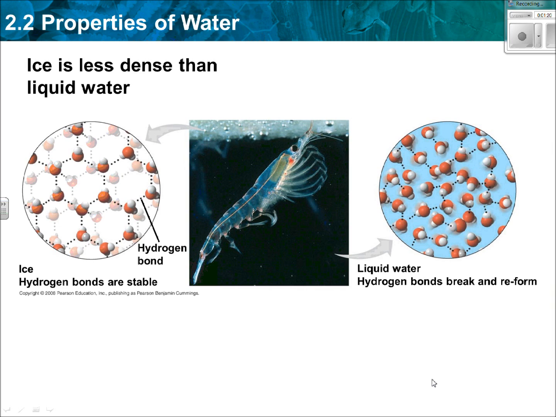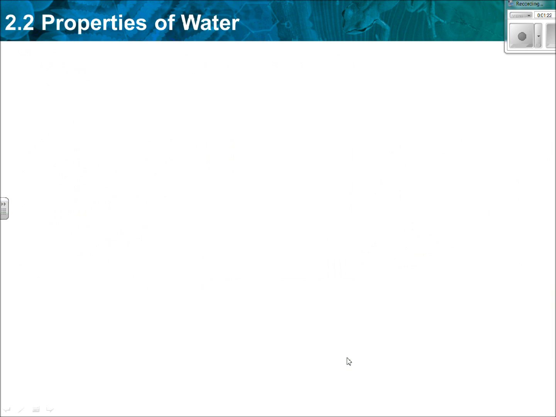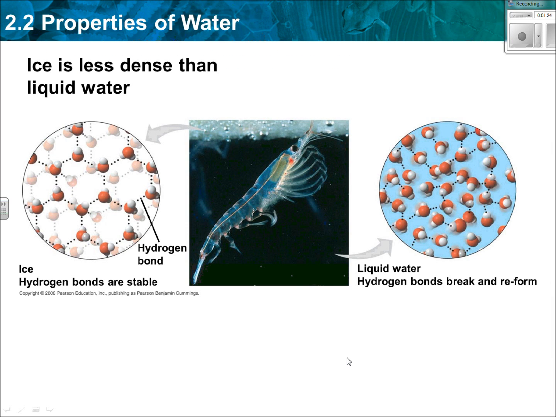Okay, up here, people. Everybody look forward. Do you see what we're talking about here? Your model is on a flat surface, 2D. In the real world, water is in a 3D state. So as the molecules slow down, as they get colder and colder, they line up in these crystalline shapes.